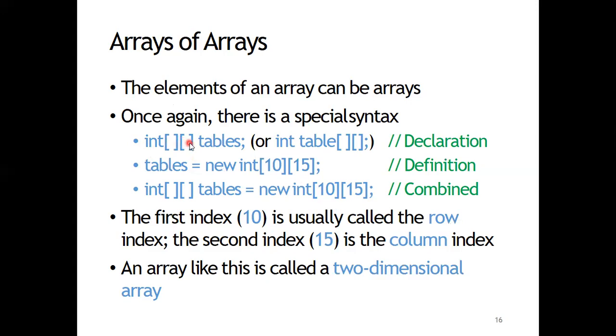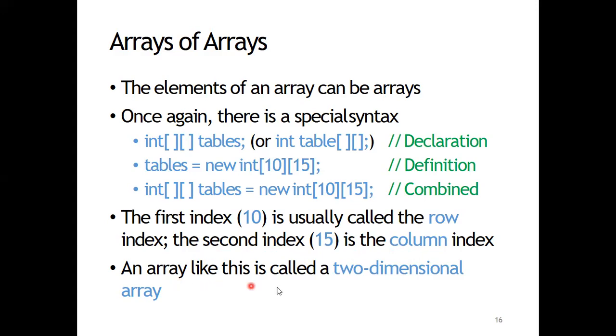You put two box brackets, which means two sets of box brackets, and the first set indicates the number of rows, and the second index 15 is the column index, which means the second set of box brackets shows the column. Here you can see there are 10 rows and 15 columns.